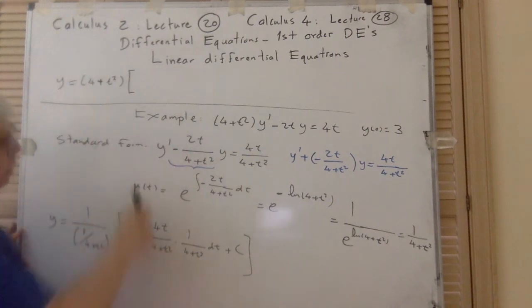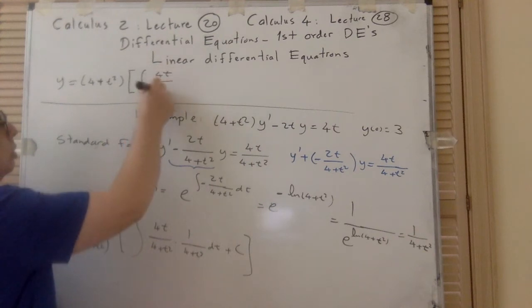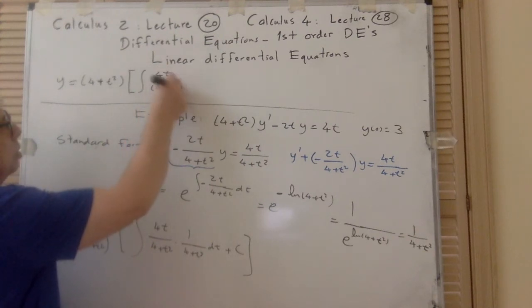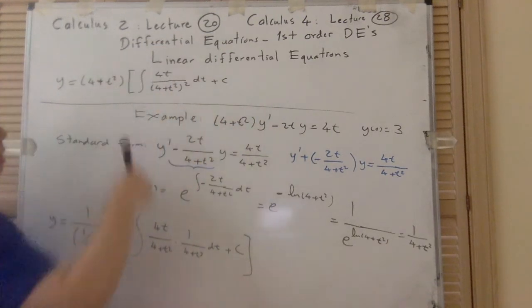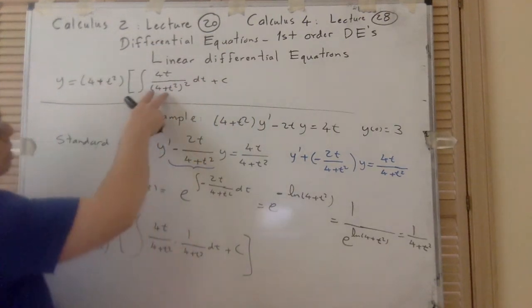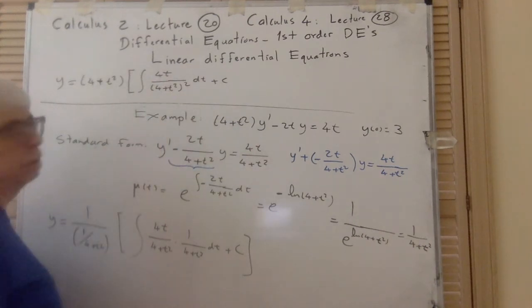Here I have integral 4t over 4 plus t squared dt plus a constant. Again, if this is u, I have u squared, and this is the derivative of u, right?